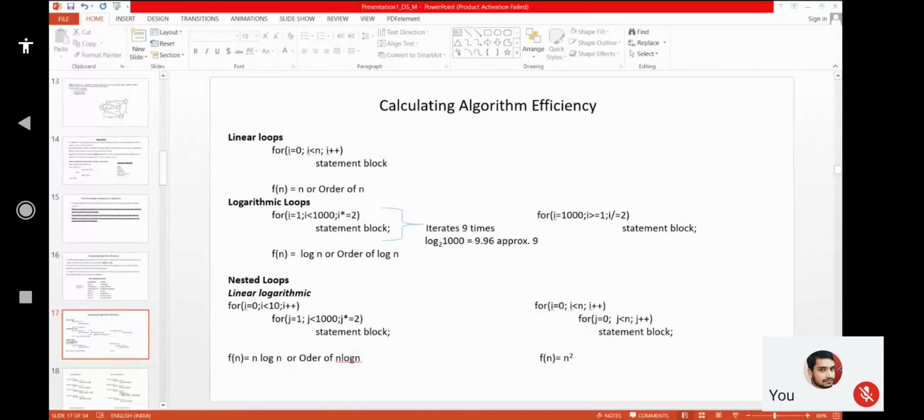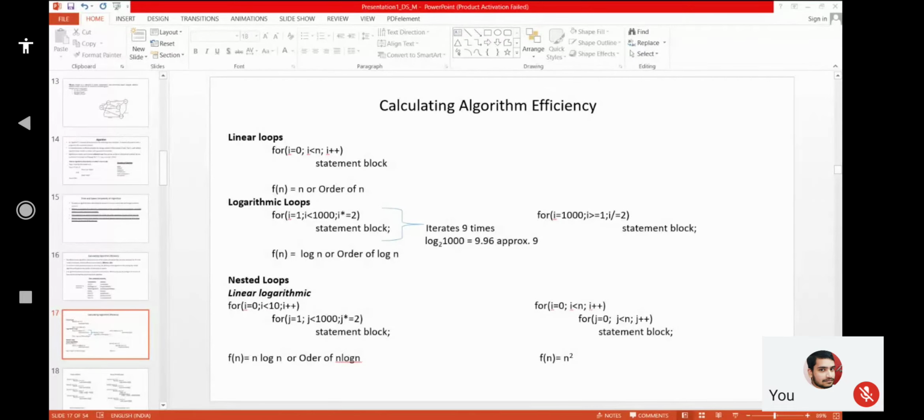It will be i < 1000. So i = 0, i < 1000, i++, and within that the range of the inner loop is from 1 to 1000, but it will increase j = j * 2.